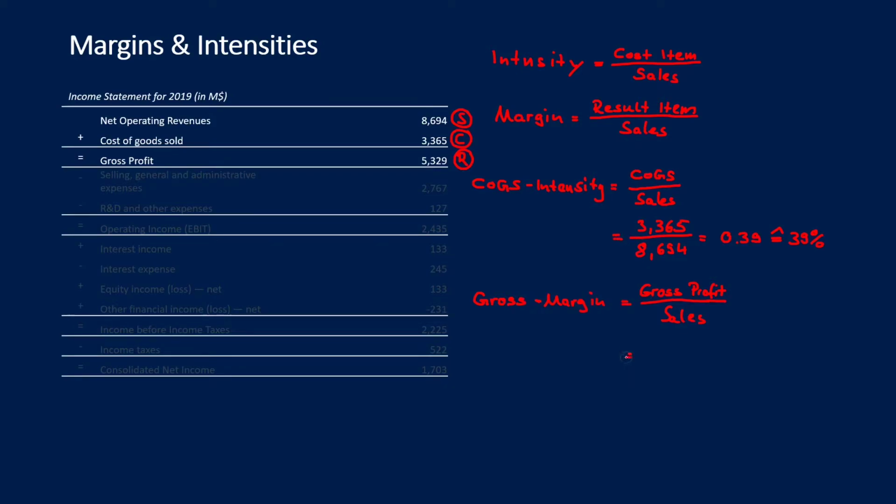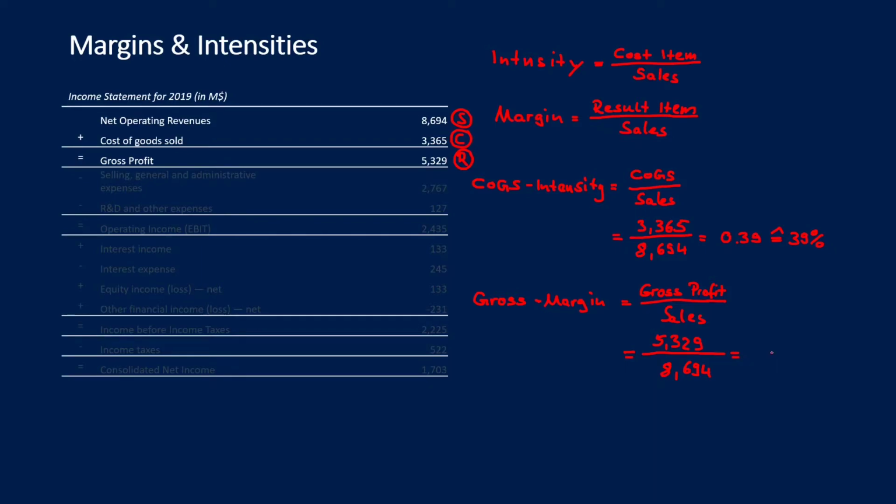In this particular example here, we would now have to divide 5,329 by 8,694.